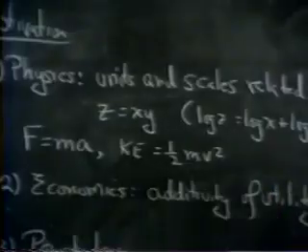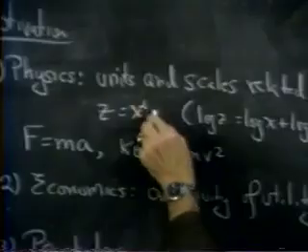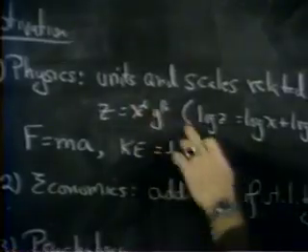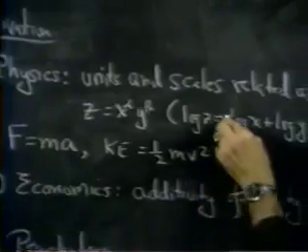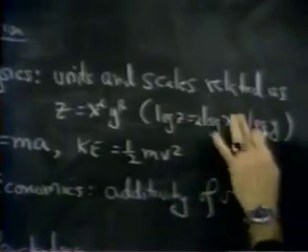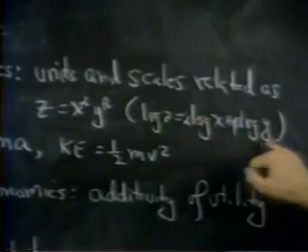So that more generally I can write this as z equals x to some power alpha, y to some power beta. Or if I take logarithms, this becomes the log of z is alpha log x plus beta log y, so that it is additive in the logarithms.